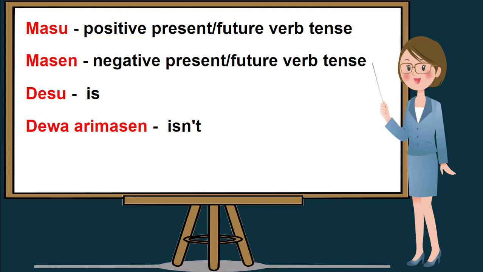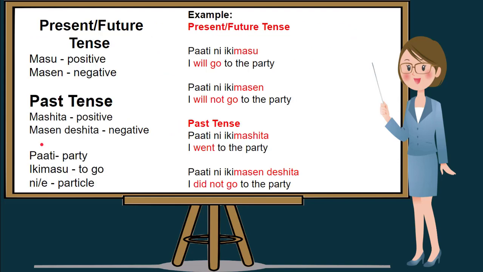So we will create a Nihongo sentence using the following words. In order for us to create a sentence using the present future tense, positive and negative, and past tense, positive and negative, we will also be using the following example.